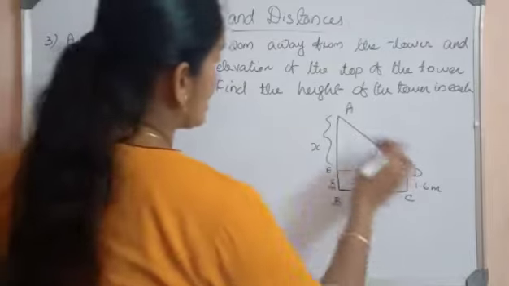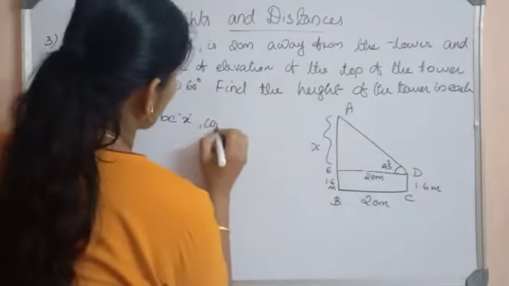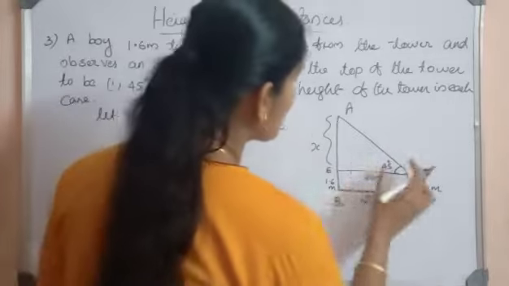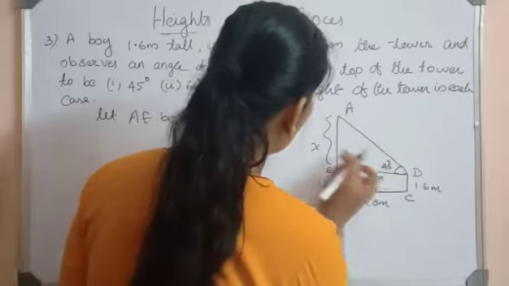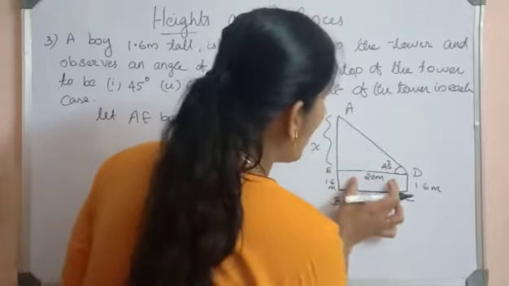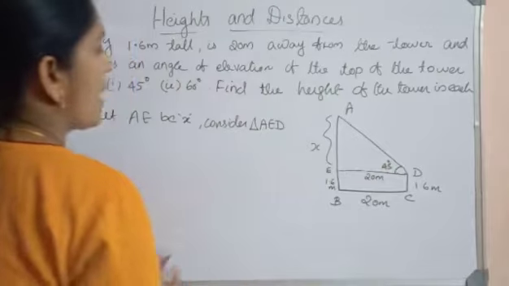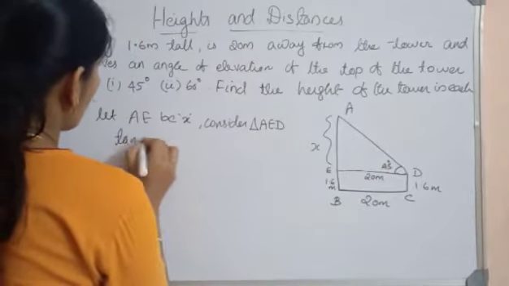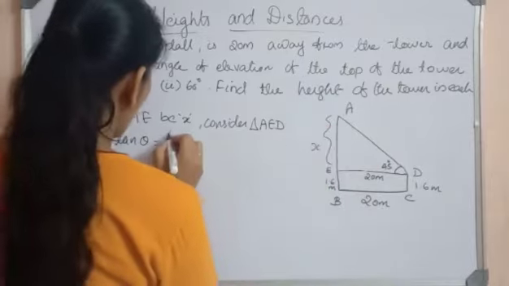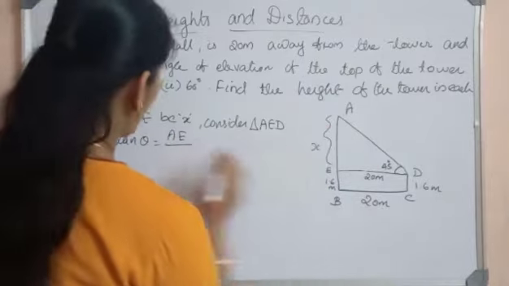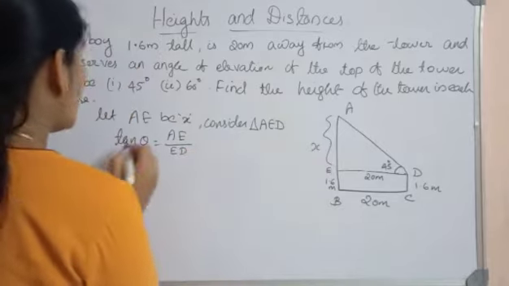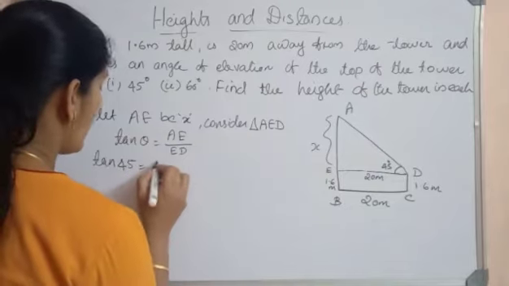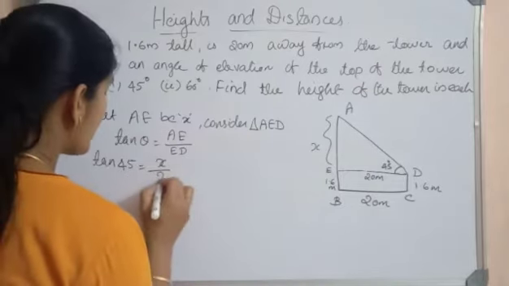Now consider triangle AED. If you consider triangle AED, this is 45 degrees, this is the opposite side and this is the adjacent side. Opposite side by adjacent side is tan theta. Now, tan theta is equal to opposite side AE by adjacent side ED. So, here theta is 45 degrees, tan 45 is equal to AE, which is x, by ED, which is 20.